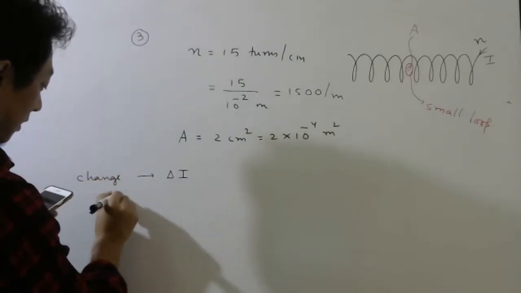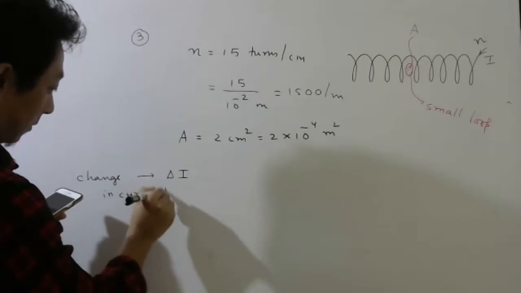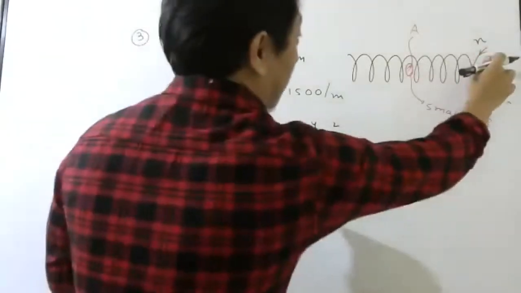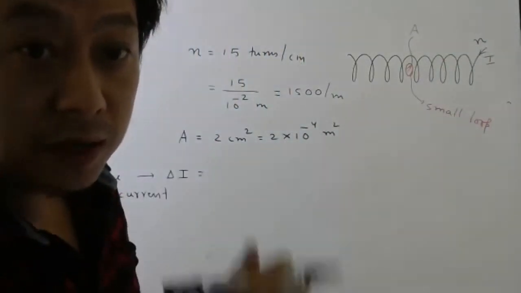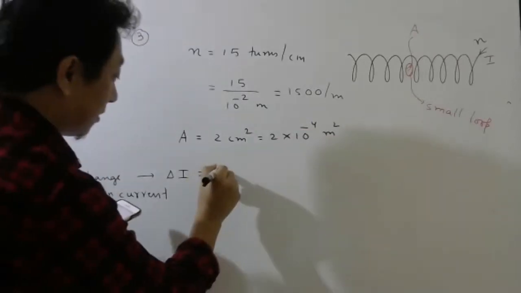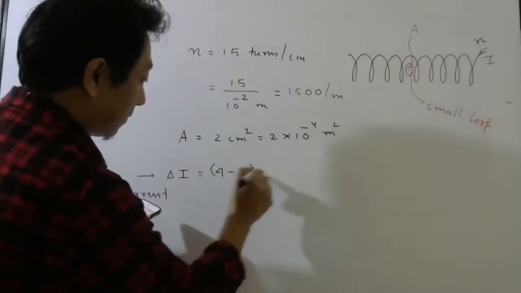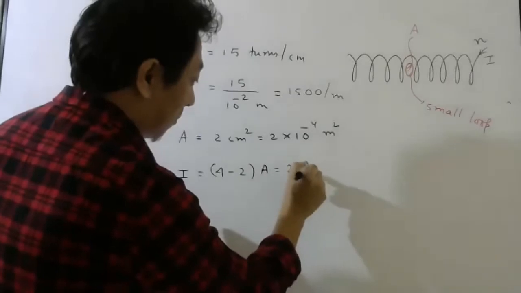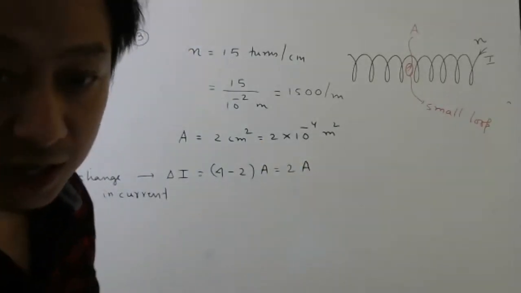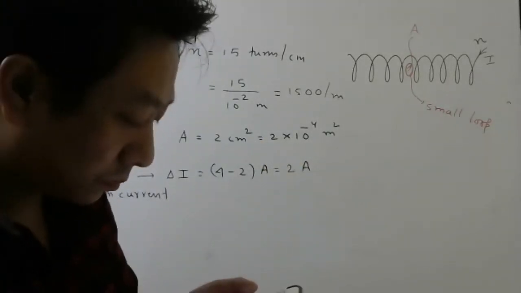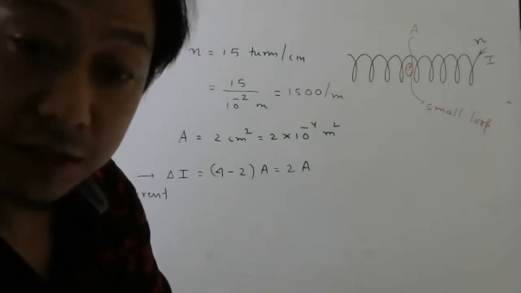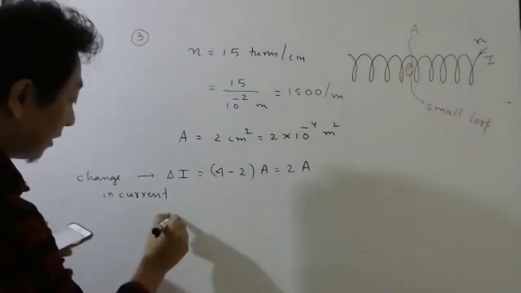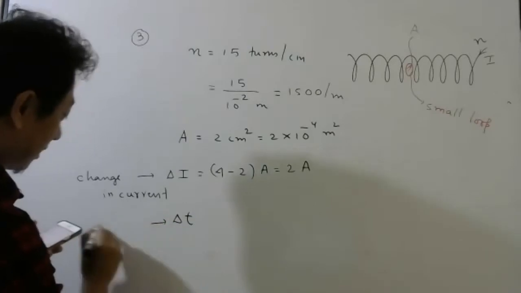The current here is changing from 2 ampere to 4 ampere. So what will be the change? 4 minus 2. So 2 ampere. So that is the change in the current, I2 minus I1. In what time they told? 0.1 second. That is your delta t. Delta t is time taken.